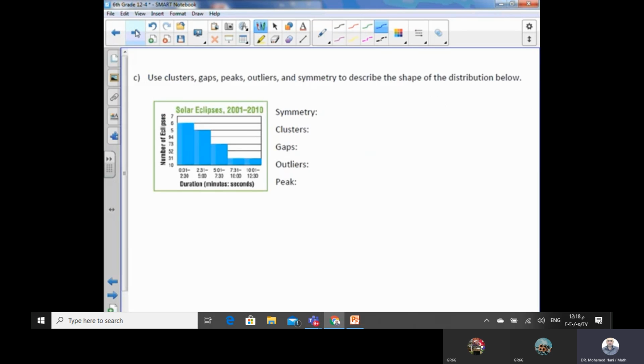Use clusters, gaps, peaks, outliers, and symmetry to describe the shape of the distribution below. Okay, if I were to draw a vertical line anywhere on here, it would not be the same on either side. So this is not symmetric. Cluster.